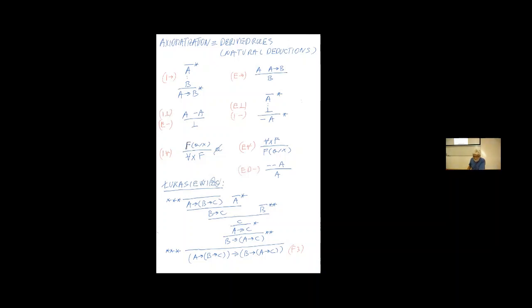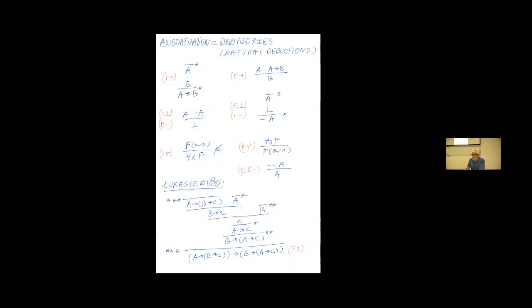And then you see that you can make such derived rules for negation, for contradiction and for the universal quantifier. They are all here. I would like you to note that some of these rules are global and some are local. What do I mean by that? This introduction of conditional, this theorem of deduction, is a global rule.